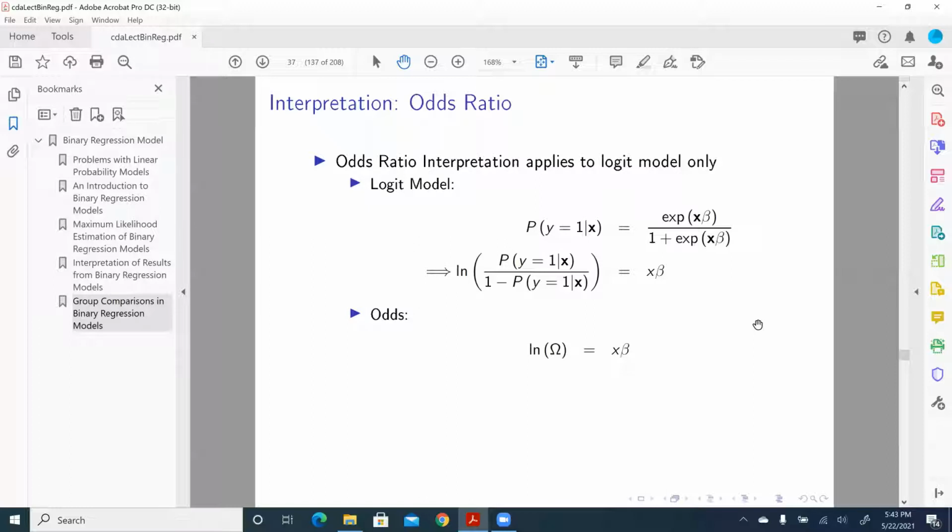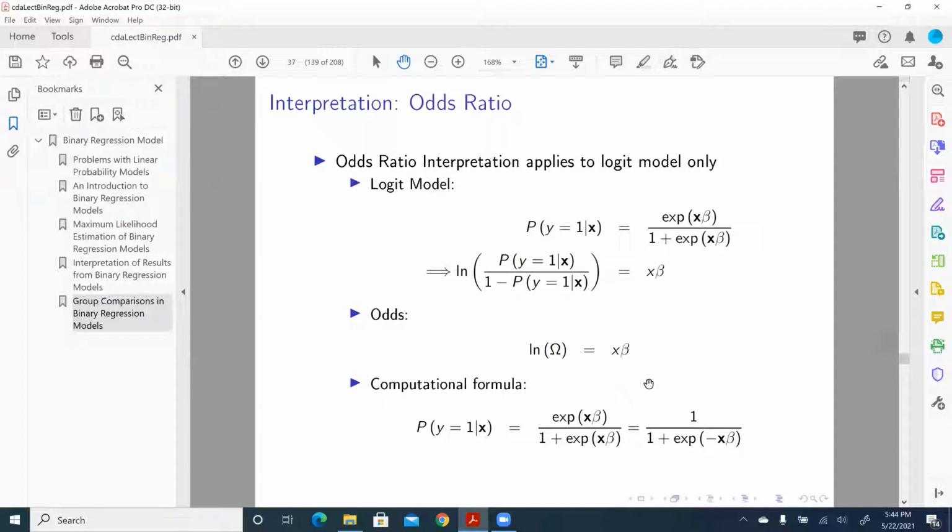So here, the odds, that is omega, is this term. We use this omega sign from the Greek alphabet to denote the odds. So the log of odds equals x beta.